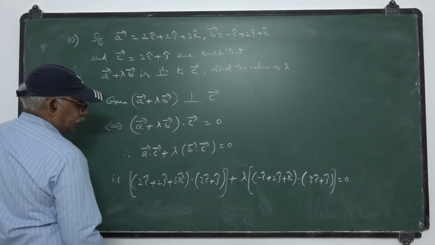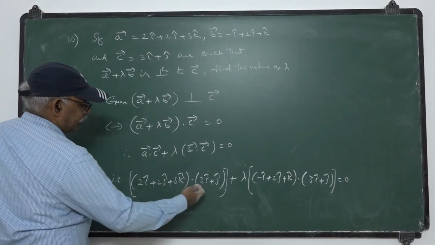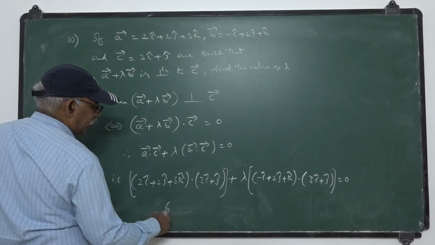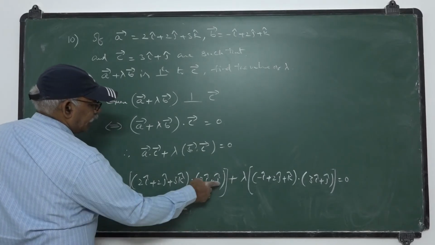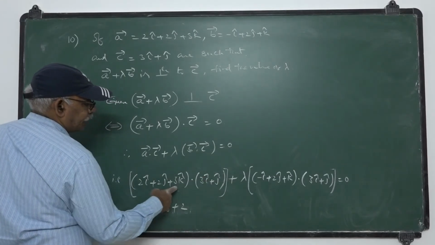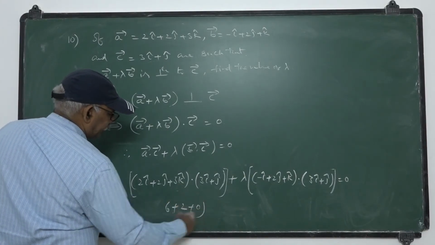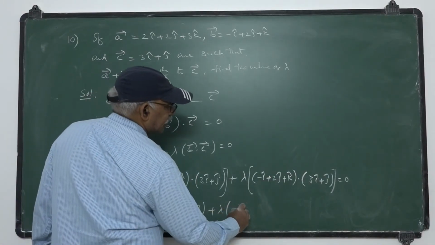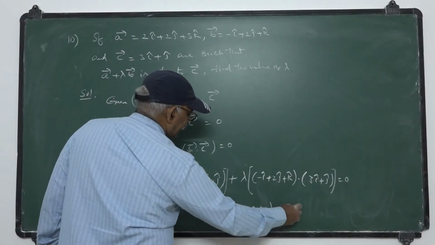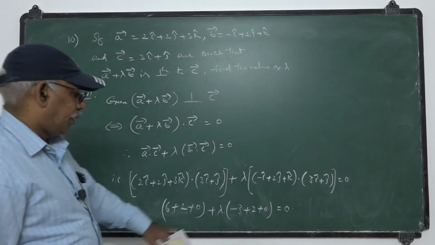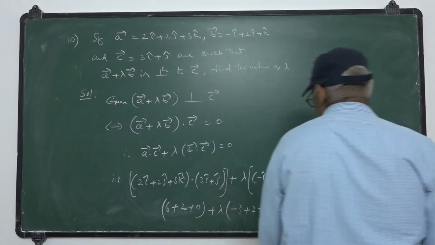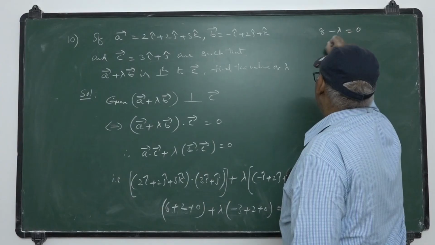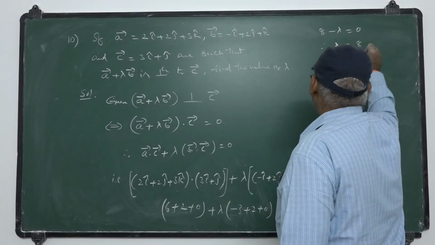Taking the dot product of these two vectors, we get 2 into 3, 6, plus 2j dot j, that is plus 2. Here there is no k term, hence 0k into 3k is 0. Plus lambda into, similarly, minus 3 plus 2 plus 0. Minus 3 plus 2 gives us minus 1, hence minus lambda. So 8 minus lambda equal to 0. Lambda takes the value 8 itself.